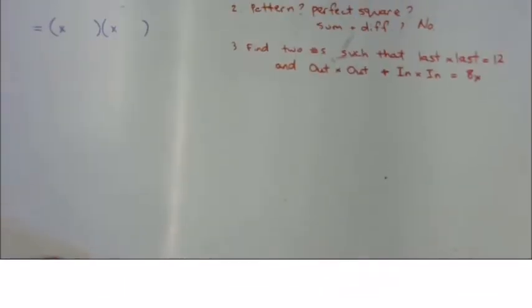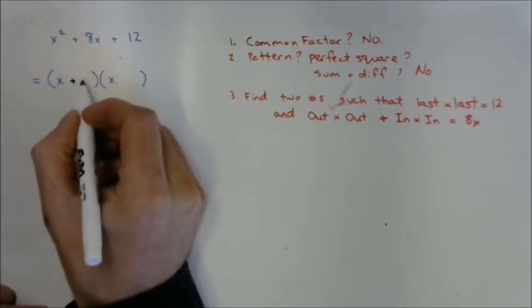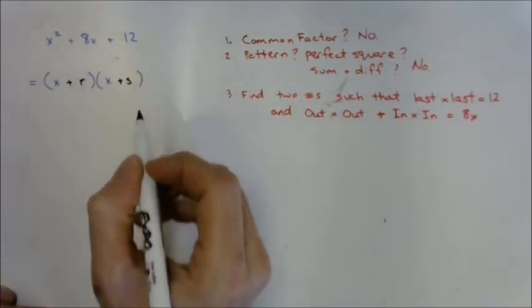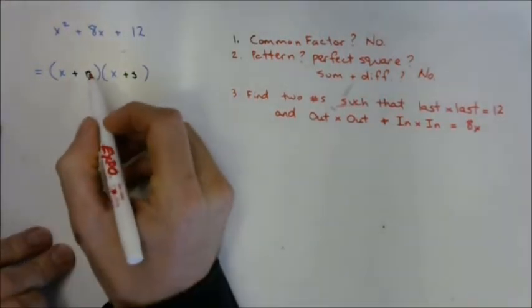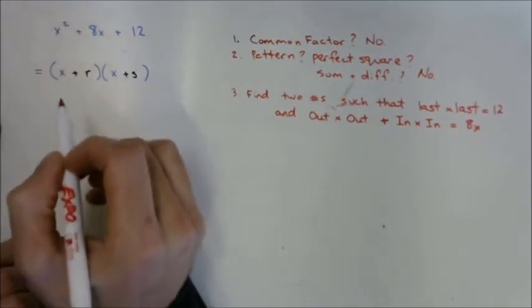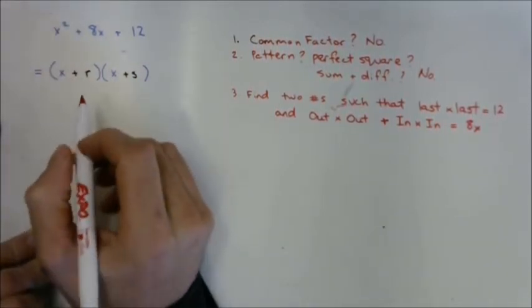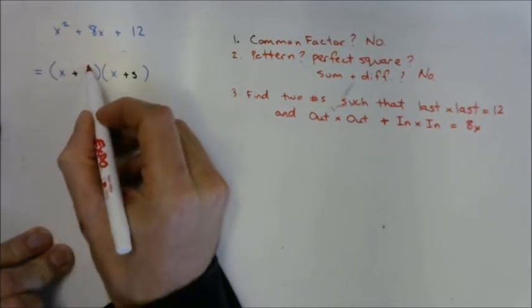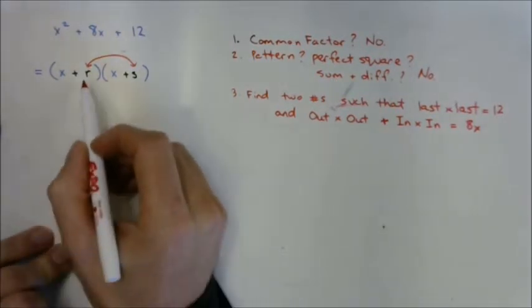And to explain that, in order to talk about it, why don't I just put some letters in here. Let's say this is plus r and this is plus s. Now we can start to see that if we FOIL this out and we go first times first, it's going to end up with x squared. And then we go outside times outside, inside times inside. I'll talk about that in a second. But let's talk about what happens when we get last times last. R times s.